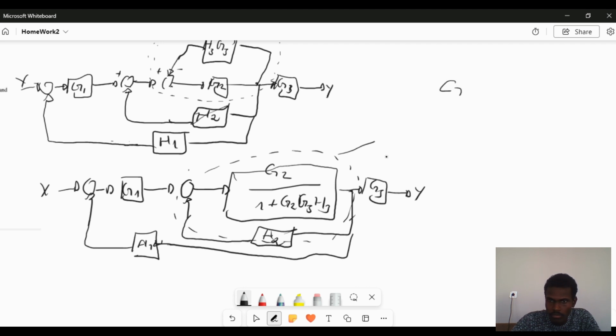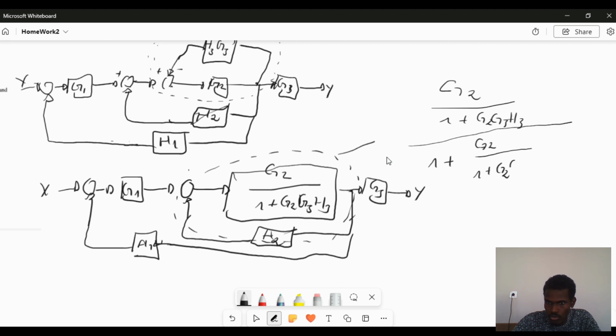We have the forward path gain G2 G3 H3 divided by 1 plus forward path gain G2 G3 multiplied by feedback gain, which is H2.